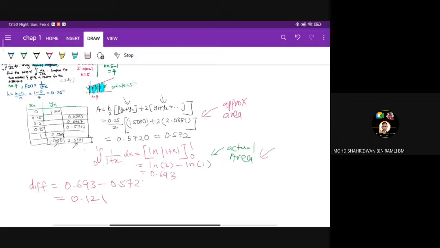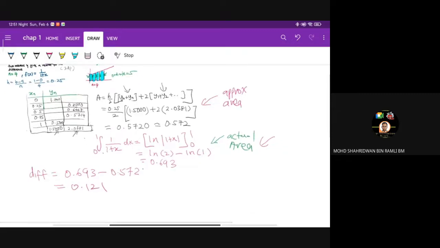So obviously this is our actual area, the real area. Since there is too much difference between the approximate and actual area, we have to comment. The reason is because n is equal to 4. There are only 4 trapezium here.